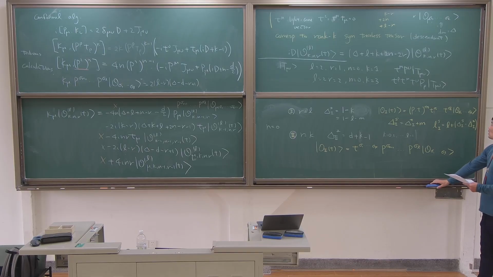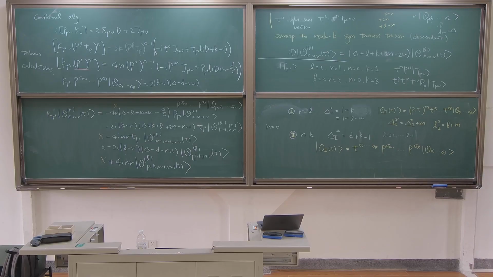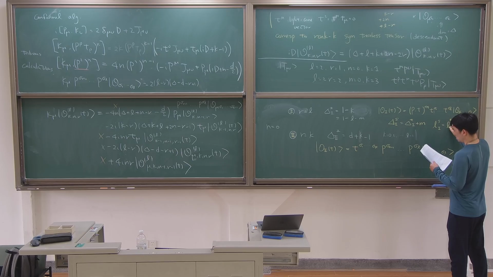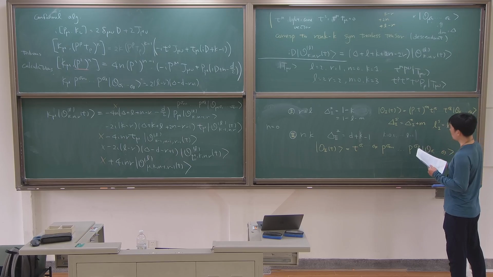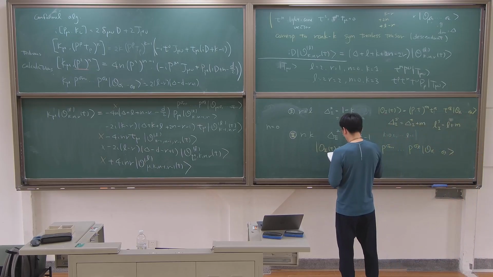So this means the L plus N. On the other hand, the bottom one is the I2.